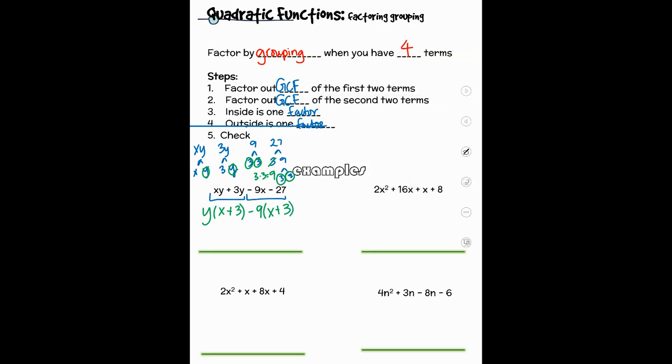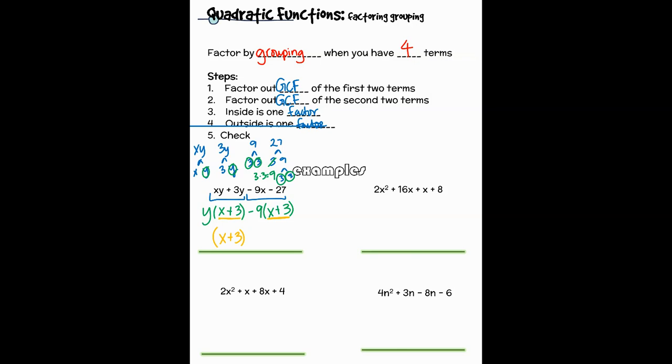Okay, so this is what that means. One of our factors, you see that, this factor is the same as this inside. That means that that is one of our factors. We're only going to put one of those for our answer.